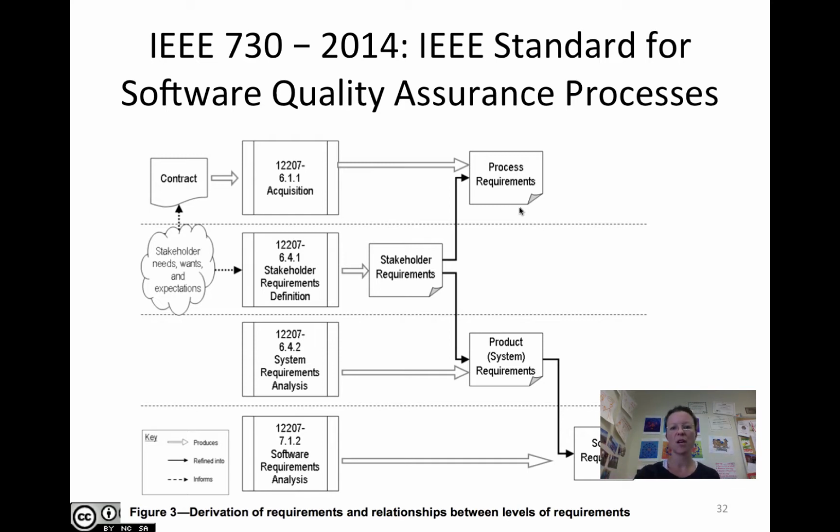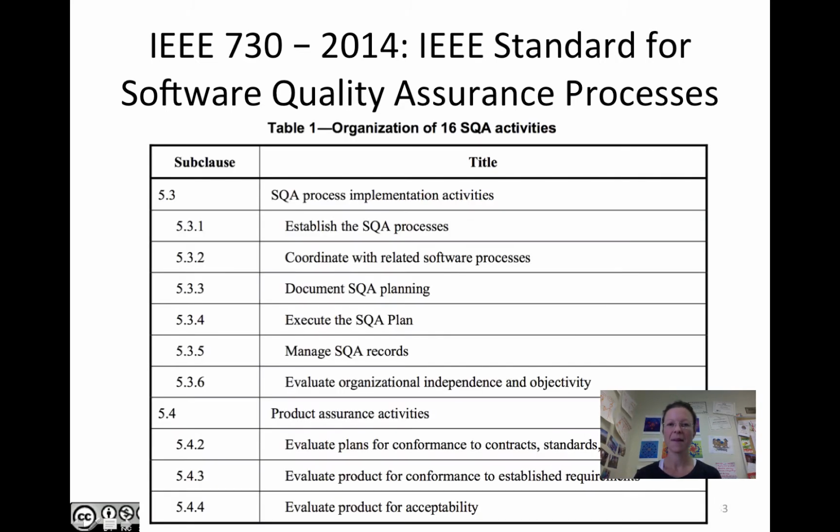So from a contract, from the point of acquisition and then the stakeholder requirements definitions, we derive stakeholder requirements and process requirements. During system requirements analysis, we then get to the product requirements, and during software requirements analysis, we refine those into software requirements.